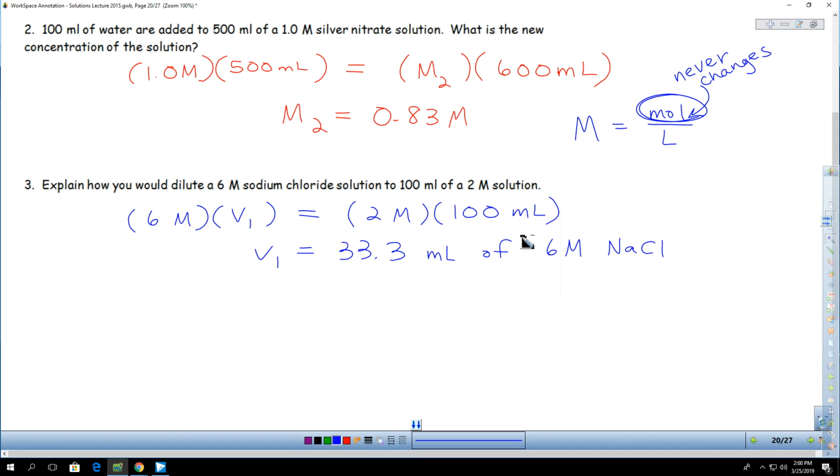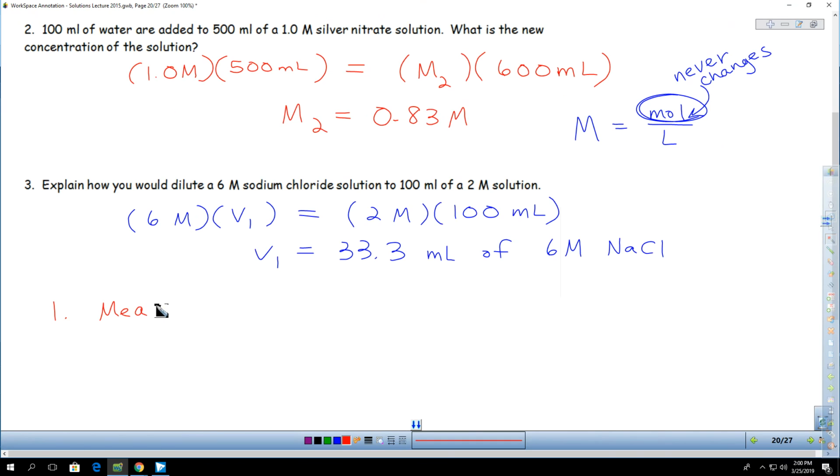All right, so here's how I make the dilution. We're making 100 milliliters, which would fit in a standard graduated cylinder. And so I might say something like 1.